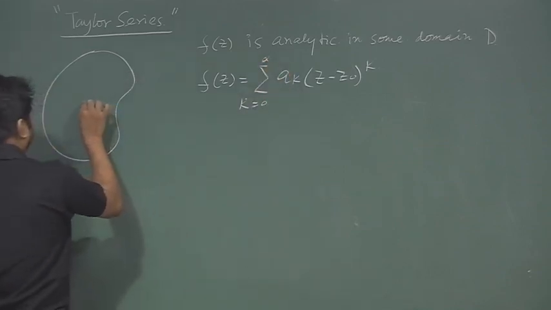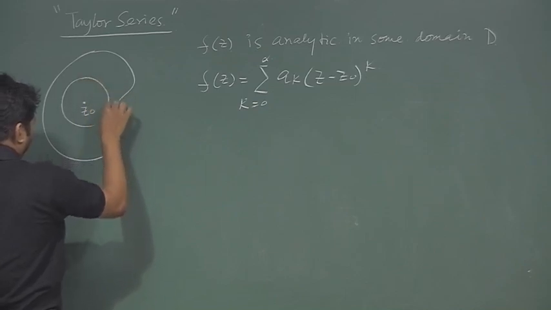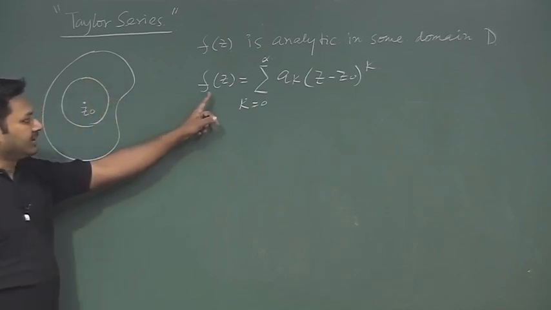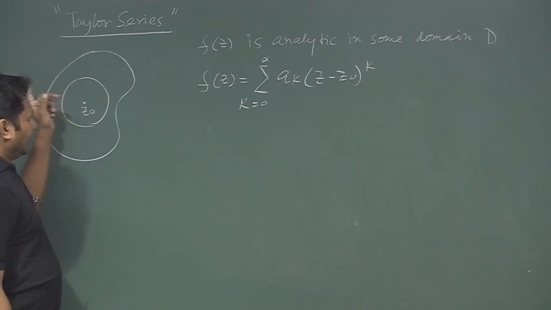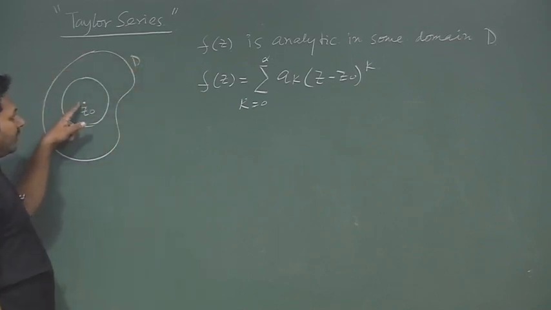We have some point z0 here, and around this point I can expand this function. f(z) is analytic in the domain D, I have a point z0, and I can expand these things around that point.